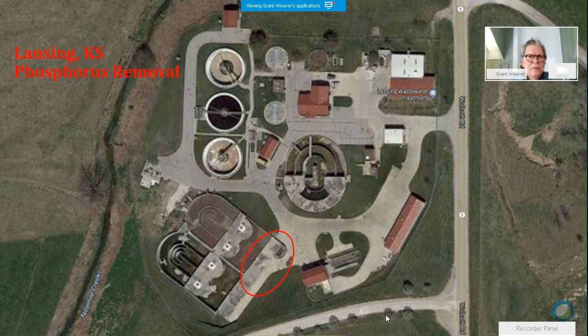And the answer there was to manage their mixers. Started turning the mixers off for extended periods of time, made the conditions stronger, provided them a better environment for the VFA production and VFA uptake, and therefore the soluble phosphorus release in this anaerobic zone.